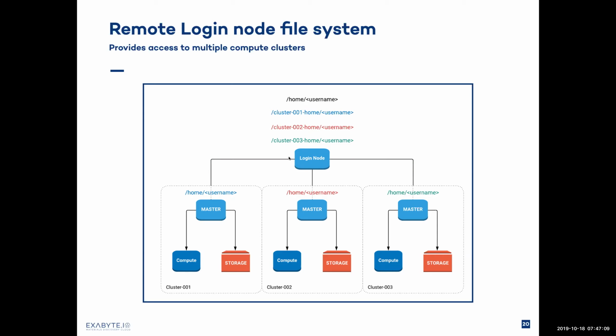What happens is that we aggregate the storage from all these different clusters on the login node, so users don't have to directly connect to all three. And the home folder to which the user connects also has links to all these three different clusters, and they are attached or mounted on the login node under this absolute path. So all three connection methods that we discussed, SSH, Web Terminal, and Remote Desktop, connect to the login node. And from there, we can navigate to any of the clusters.